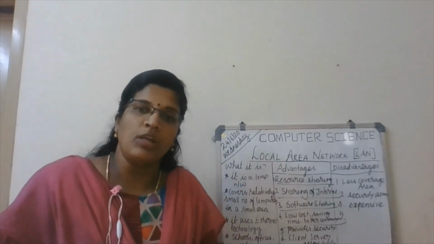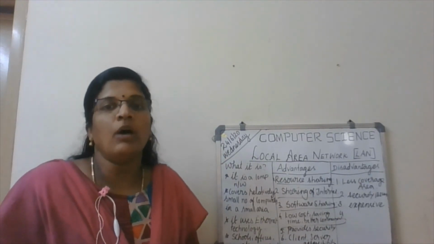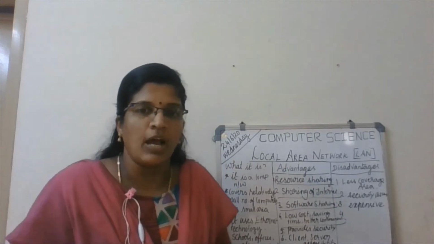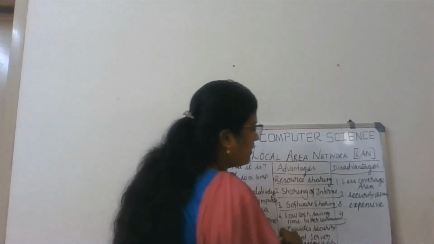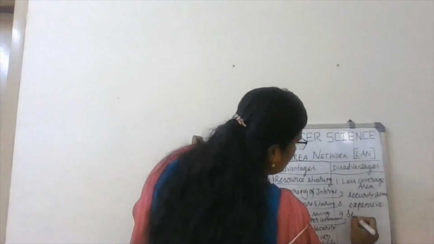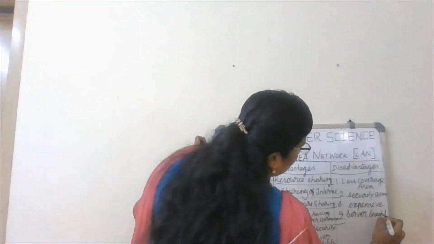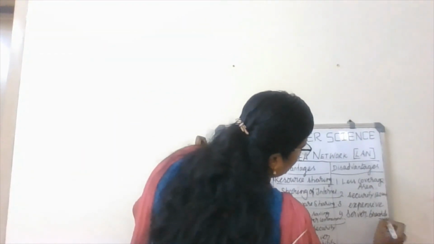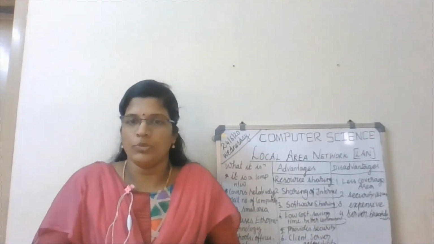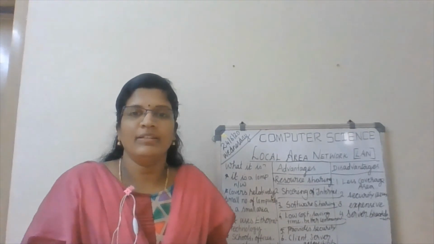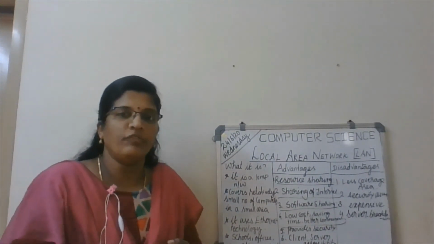When the server goes down, we cannot work on the remaining computers either. So server breakdown is a main problem and another disadvantage of this local area network. So clear for everyone? All right, please go through the points I said, or you can make a note of it in your notebook.